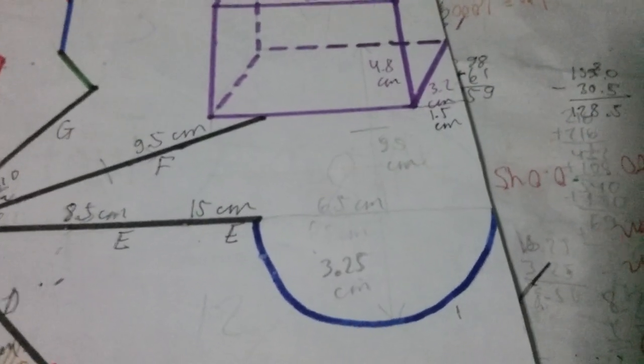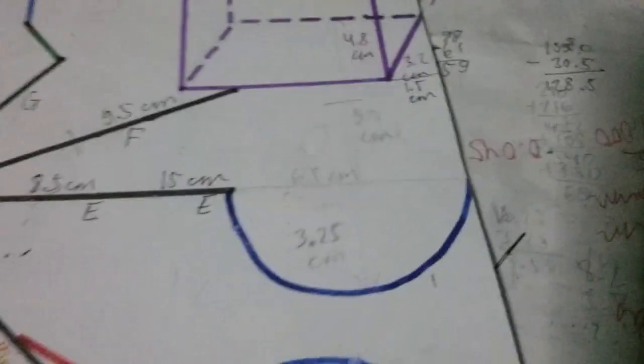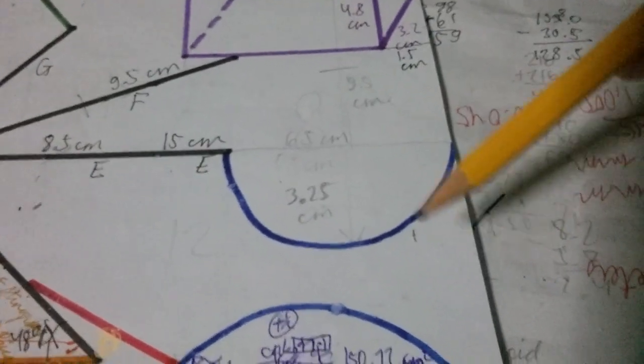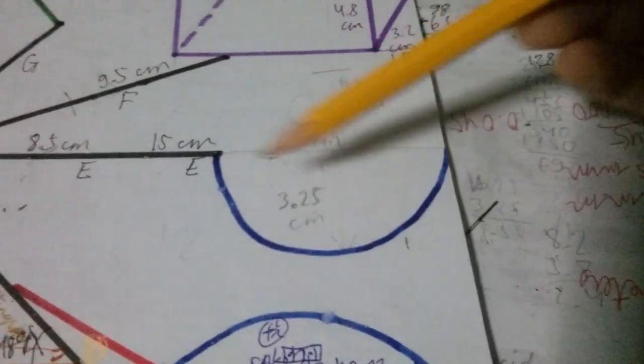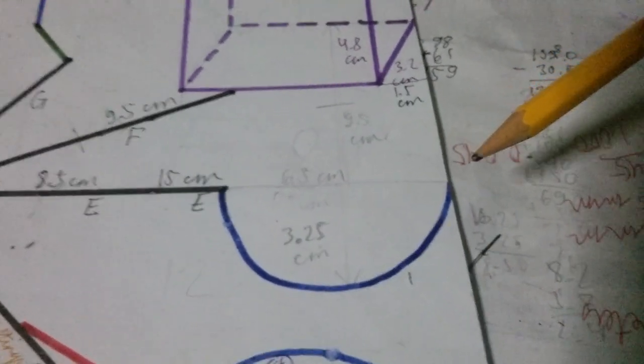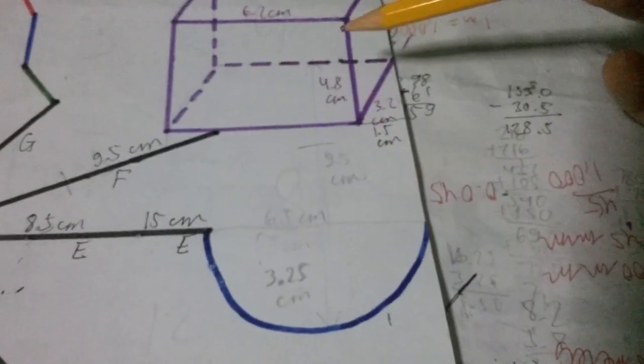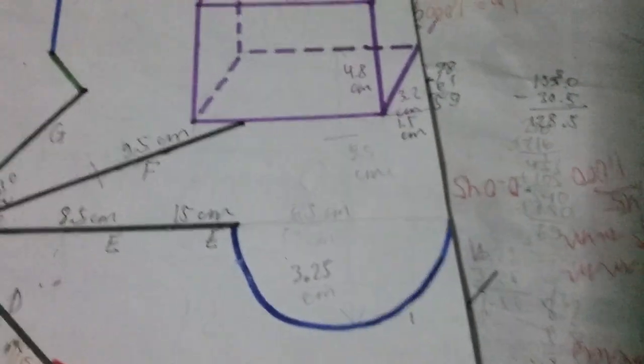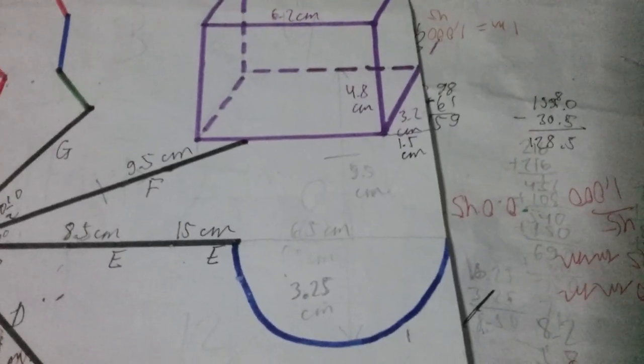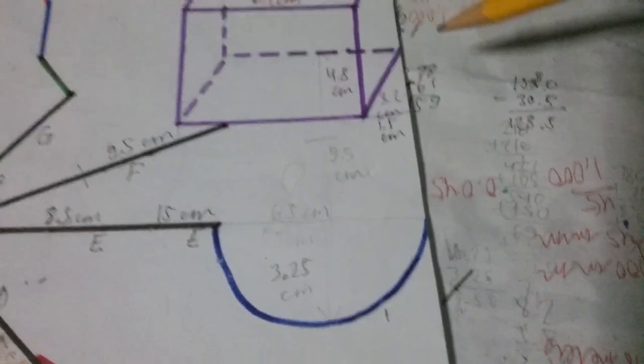Now that we already got 3.25 cm, the radius of this semicircle, we need to get the entire height. Remember what I told you? I said that the entire height here measures 9.5 centimeters. However, we do not know what this one is yet.